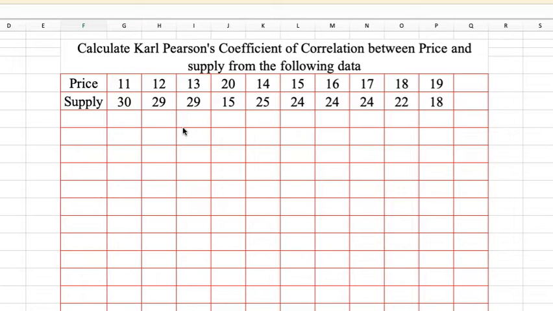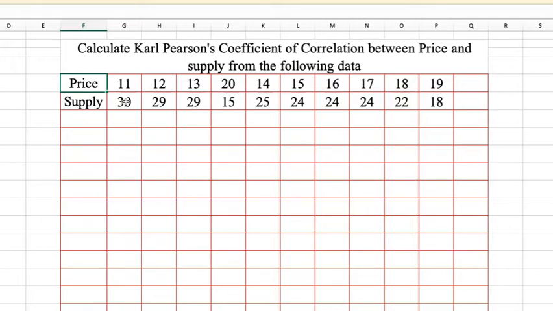Then the second assumption is that there should be a linear relationship between the two variables, price and supply. Now how are we going to find the linear relationship between price and supply? I will show you this linear relationship by creating a scatter plot in Stata.